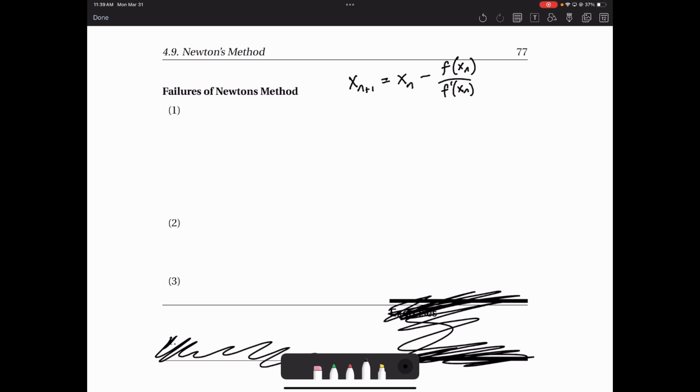Can anybody see where I might end up having an issue? Yeah, Suzanne? What happens if your derivative is equal to 0? Right. So that's my first possibility. If at any x sub n, the derivative is equal to 0, then we have an issue. So that's the first possible way that Newton's method can fail.